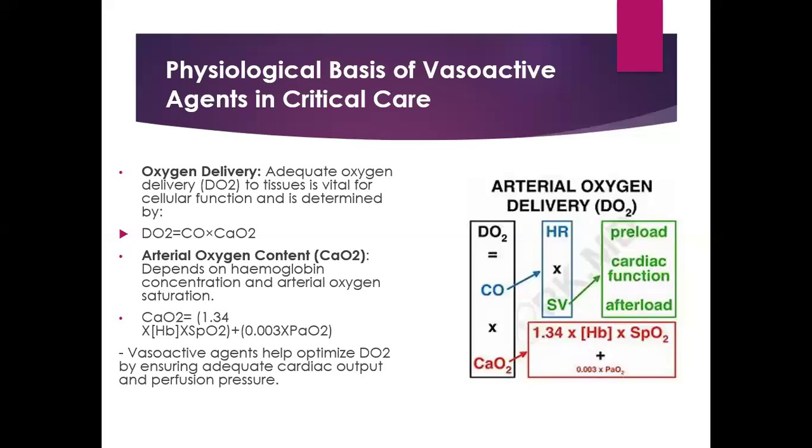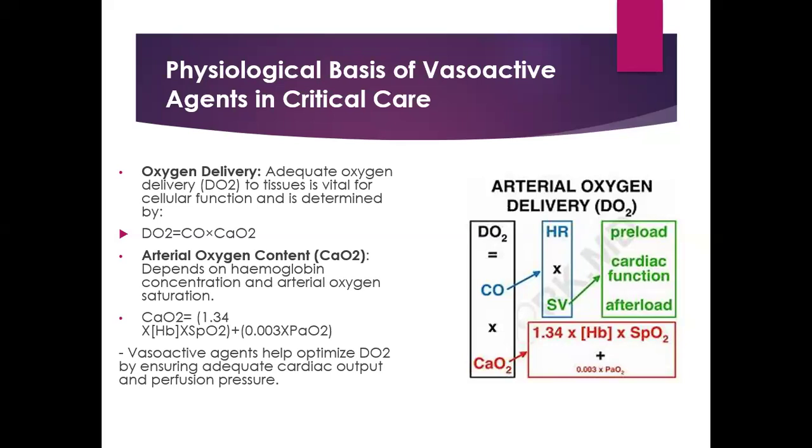If you remember physiology, this adequate oxygen delivery is vital for cellular function, and the formula is oxygen delivery is equal to cardiac output times the oxygen content of the blood that reaches the tissues.